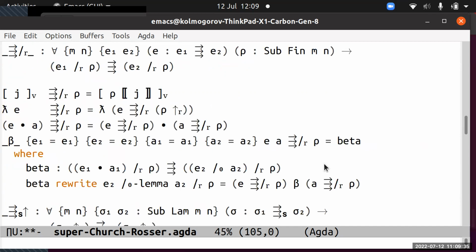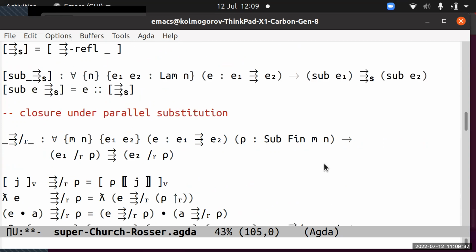Now, we want to show the closure of this notion under strong substitutions. Rather, I want to show the strong substitutivity property, so closure under parallel substitution. And I told you yesterday that there was a systematic methodology. You first show it's closed under renamings. And so here's the statement that if two things are in the superparallel relation and I have a renaming, then their renamed terms are in that relation.